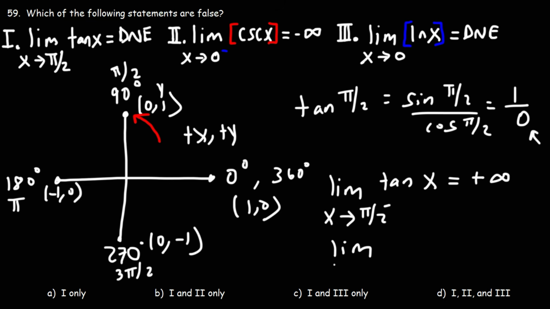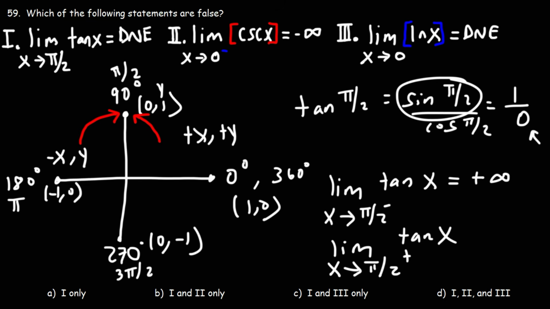Now the limit as x approaches pi over 2 from the right side for tangent x, so in this case we're in quadrant 2 and we want to go towards 90 degrees. In quadrant 2, x is negative, y is positive. So the sine part will be positive, but the cosine part is negative. This is going to go to negative infinity.